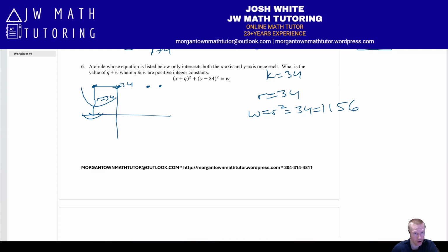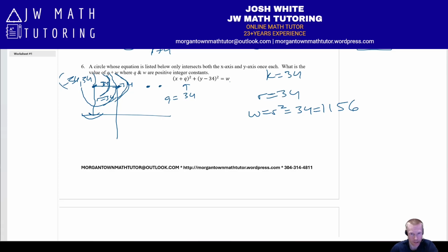Otherwise, if it's too far, it wouldn't intersect it at all. If it's too short, it would intersect it twice. It has to be exactly 34 to just be tangent to it and touch it one time. So therefore, q is technically positive 34, which means really the center of this is at negative 34, positive 34. Yeah, it's right over here as I've drawn.